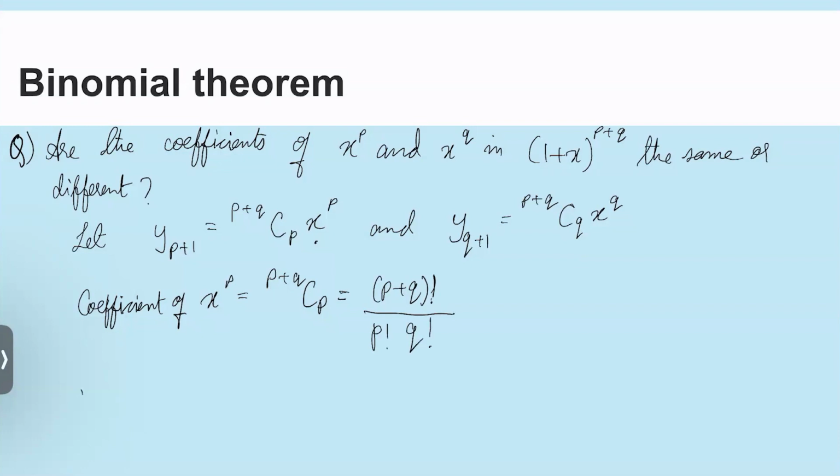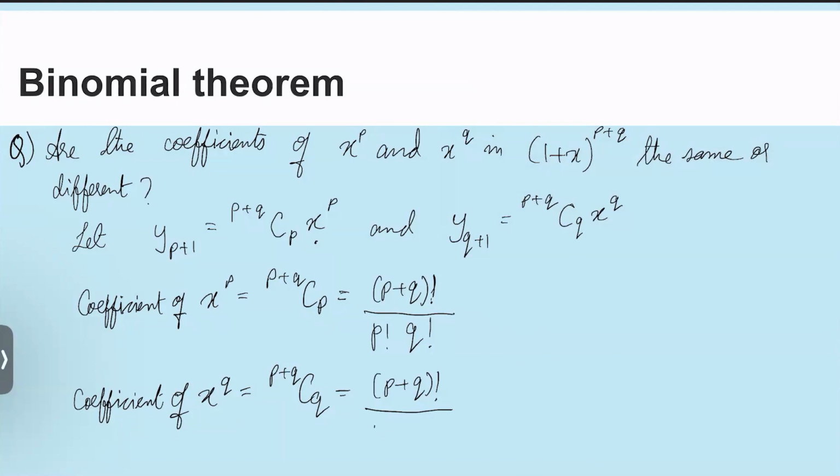Similarly, the coefficient of x raised to q is going to be (p+q)Cq, which is (p+q) factorial upon q factorial and (p+q) minus q, so you have p factorial. So over here you can see that these two are of the same form.